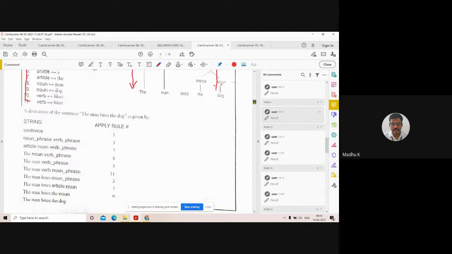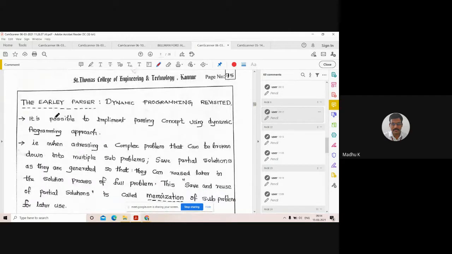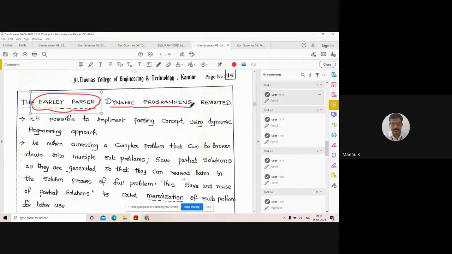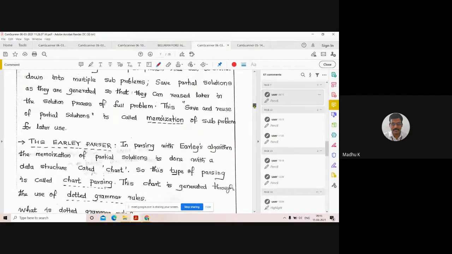The second approach is called the Earley parser. This is also very important. What is meant by the Earley parser? The Earley parser uses a dynamic programming approach. What does dynamic programming mean?